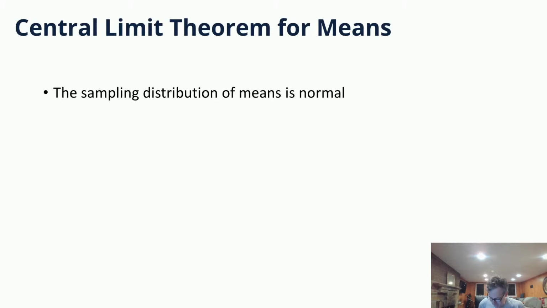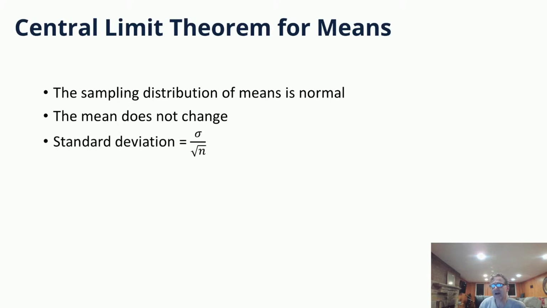That's a sampling distribution. The sampling distribution of means is normal, and it turns out that the mean does not change, but the standard deviation does change. This is to be expected because the more you roll the die, the more similar you're going to be to someone else rolling the die.